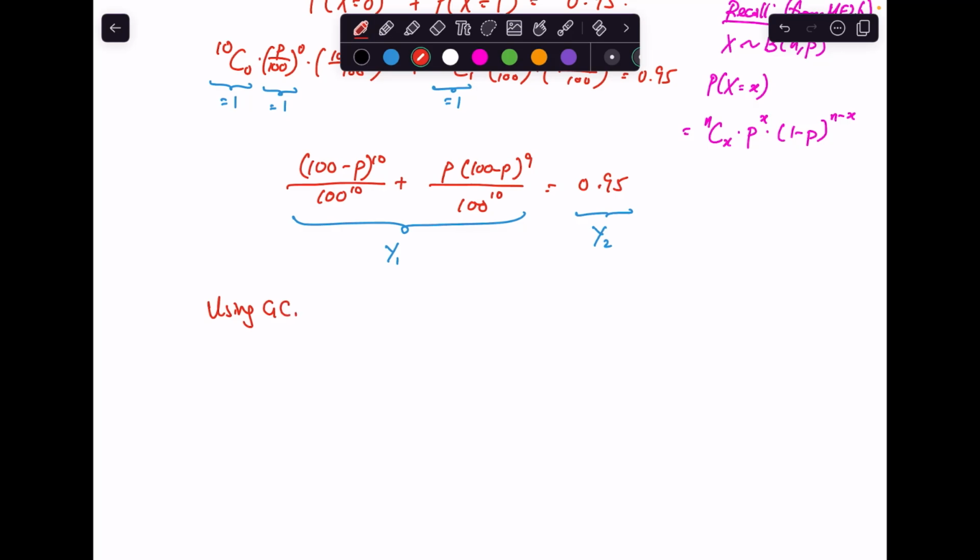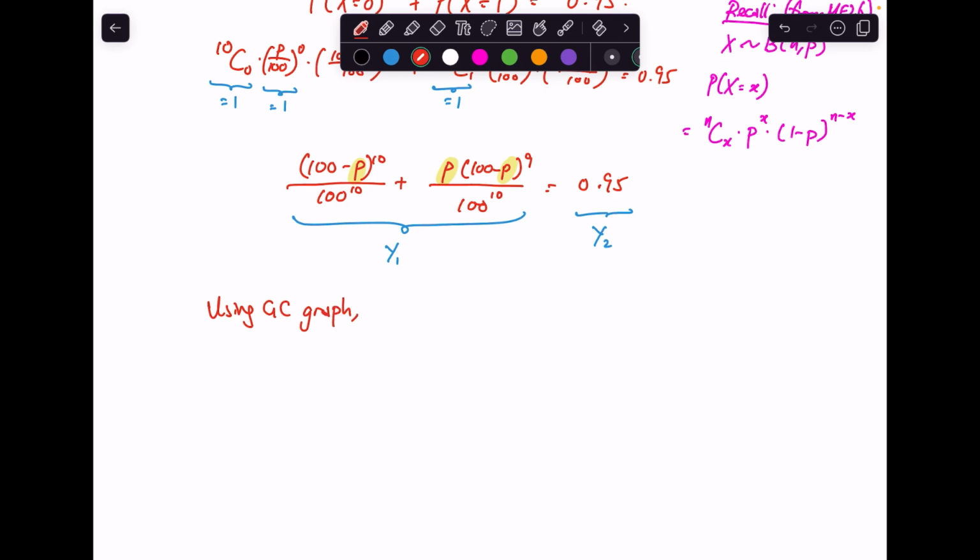Now, GC, when we do this kind of equations or inequalities, can help us by showing the graph or the table. To decide which one to use, look at P, the unknown we are solving for. P is continuous. It's not just whole numbers, it's not integers. So for P, I should use graph.